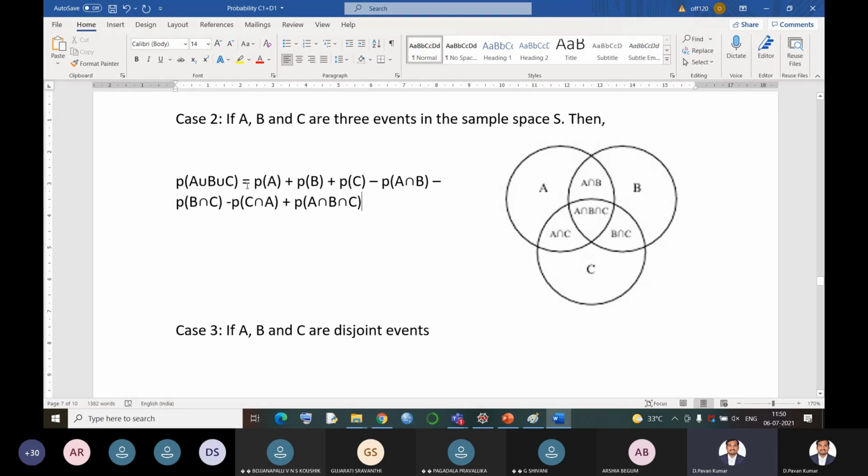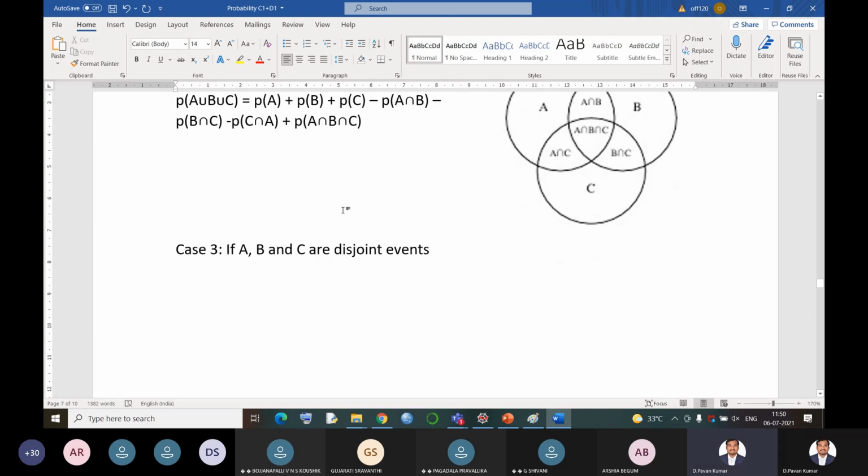P of A union B union C is equal to P of A plus P of B plus P of C minus P of A intersection B minus P of B intersection C minus P of C intersection A. Since we are subtracting 3 times, we add it 1 time, that is P of A intersection B intersection C. Why are we adding that? A intersection C means this complete part, A intersection B means this complete part, B intersection C means this complete part. Since we are removing this part 3 times, I'm adding it 1 time over here. So this is the formula.